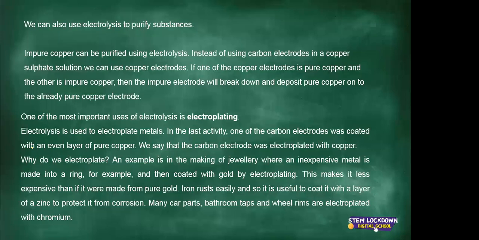Like for example, we have the iron is coated with zinc, and then our bathroom taps and car parts and stuff is coated with chromium. So this protects the item or the object, and it can last for a very long time. So this is why electroplating is very, very important.